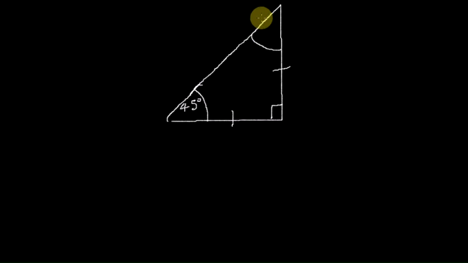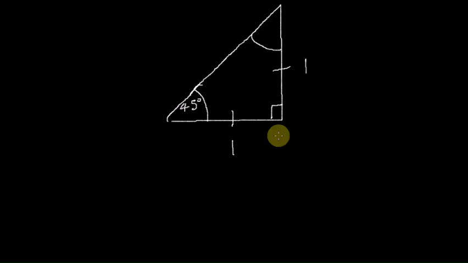If I pick 2 and 2, then the hypotenuse will just work out as something else, but it will still be equivalent. So the easiest number to work with is 1. Let's just make the length of these sides 1.